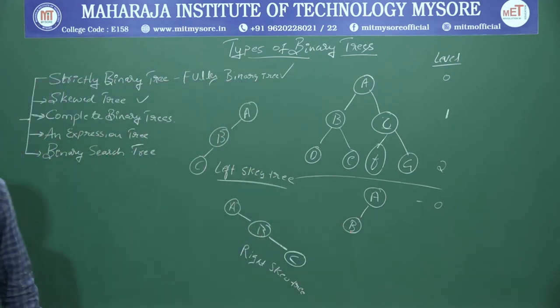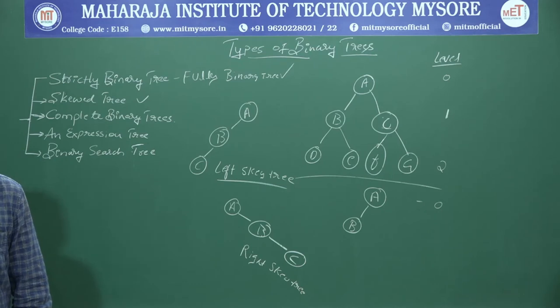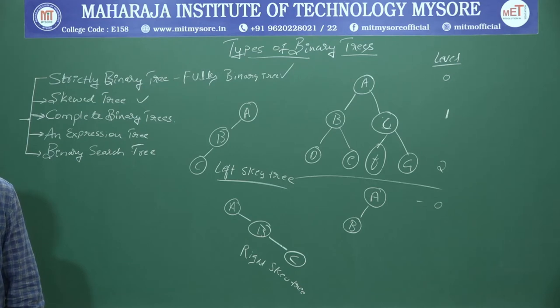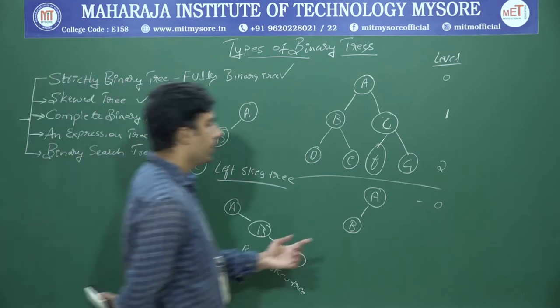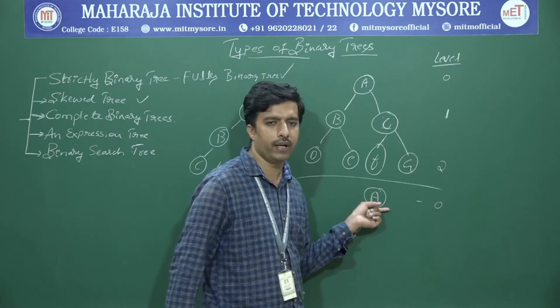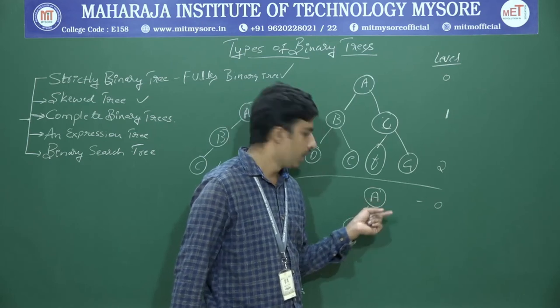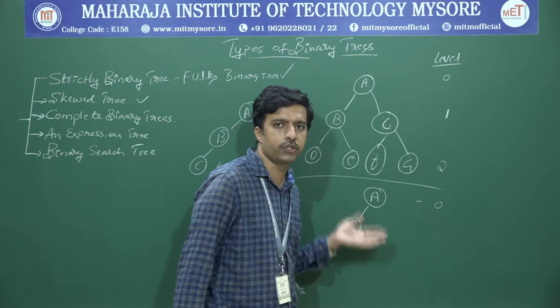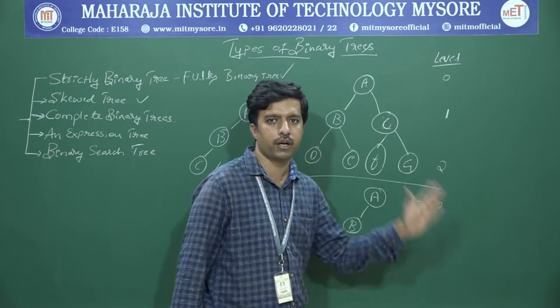Note down the definition: a complete binary tree is a binary tree in which every level except possibly the last level is completely filled. If the nodes in the last level are not completely filled, then all the nodes in the leaf level should be filled only from left to right, not right to left.